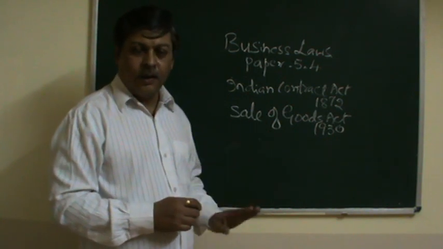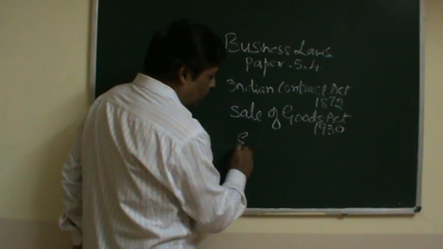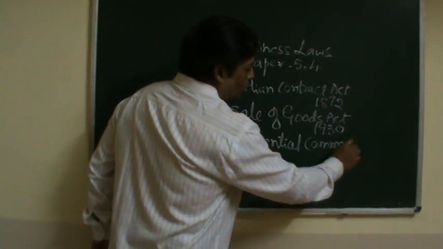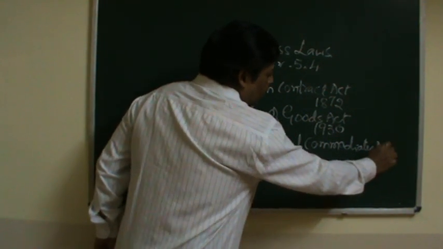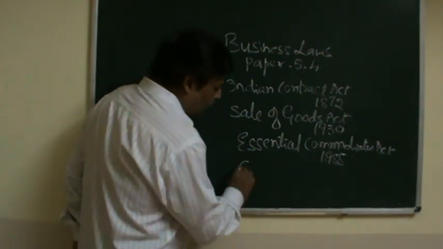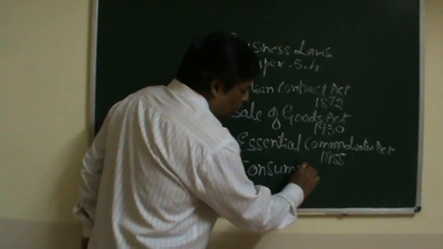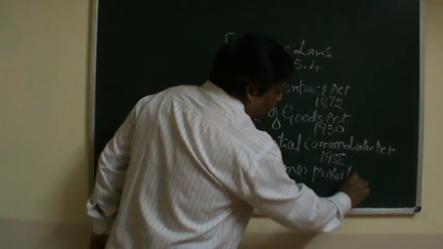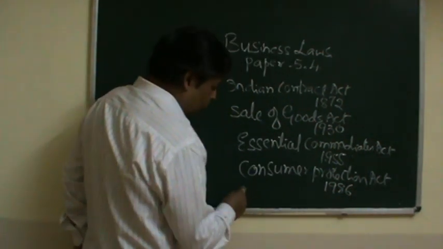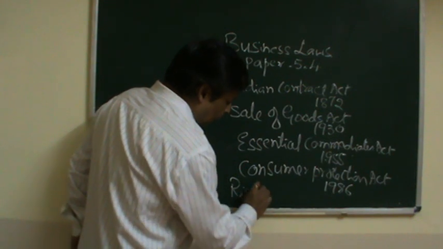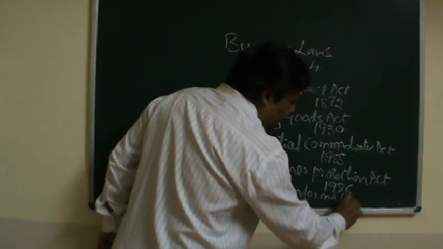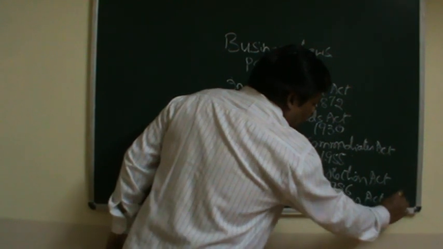And the third, fourth and fifth are the Essential Commodities Act, 1955, then the Consumer Protection Act, 1986, and the last one you are going to study, the Right to Information Act, 2005.